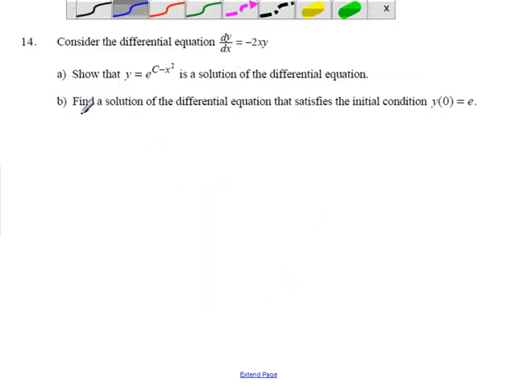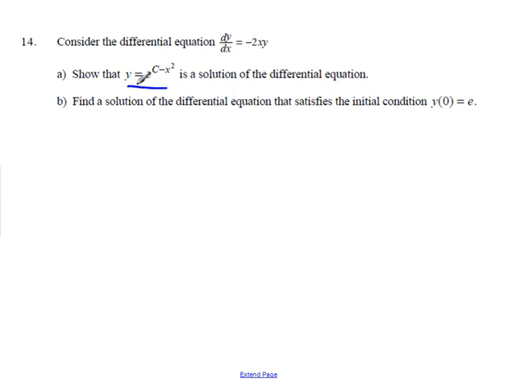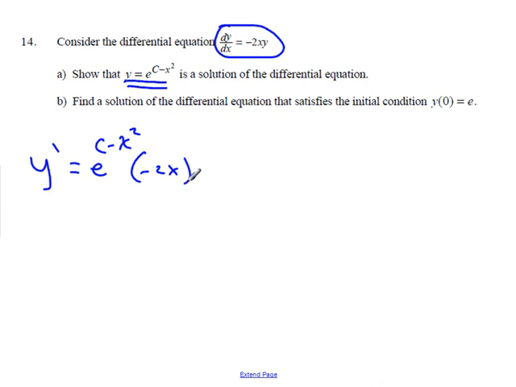All right, last example here. We want to show that this is a solution to our differential equation. Same steps. Take the derivative. So derivative of e to a function is e to the function times the derivative of the function, so -2x. And we want to show that that derivative is the same as this derivative.